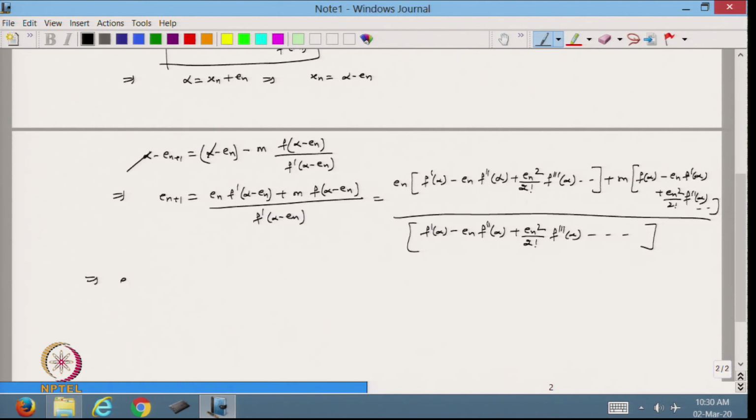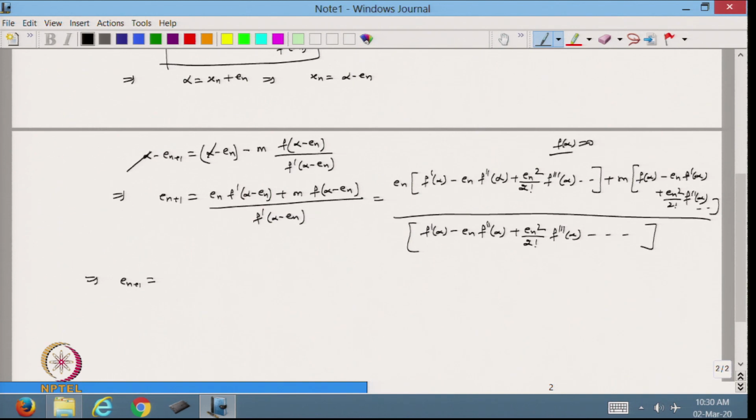So from here I can write e(n+1) equal to, now I have the terms. I know that f of alpha is 0, as alpha is the root of the equation and I do not know about its multiplicity, whether the root is multiple or not.